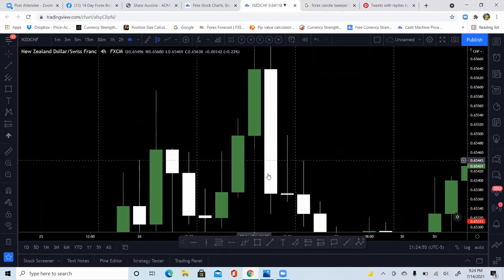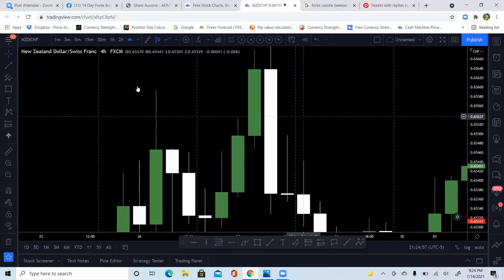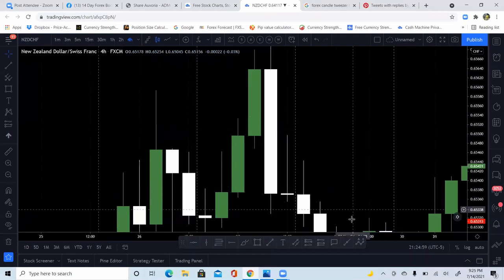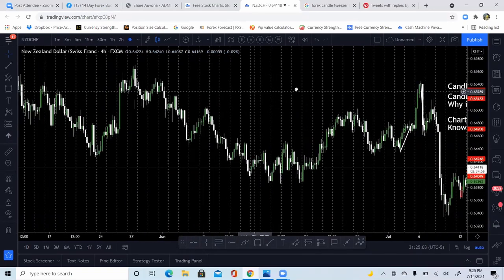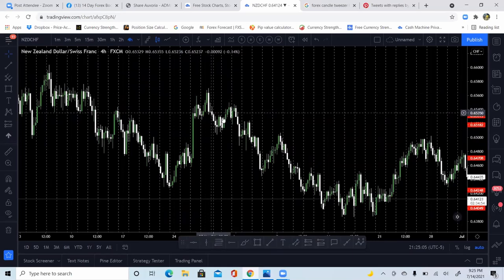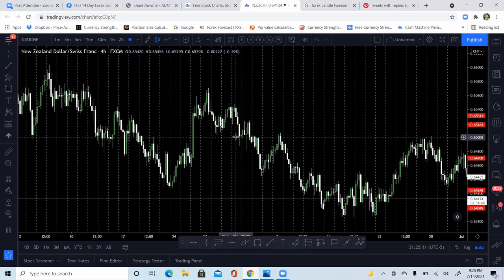You have an engulfing candle there at the top of the move. You zoom out, and that engulfing candle started this downward move here. It started this move here. And it's just over and over again.